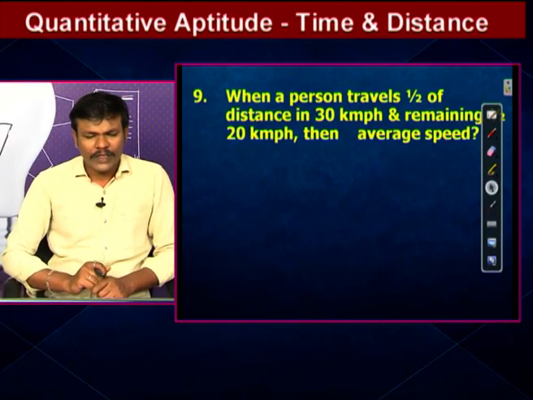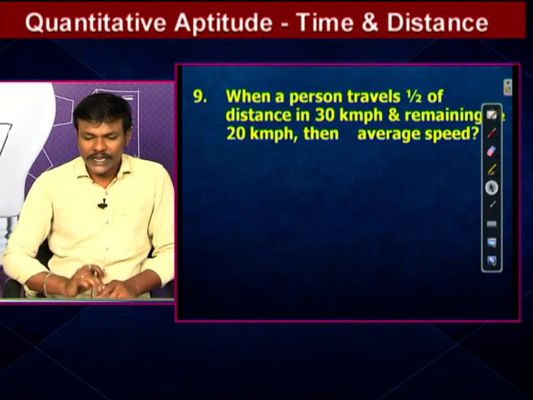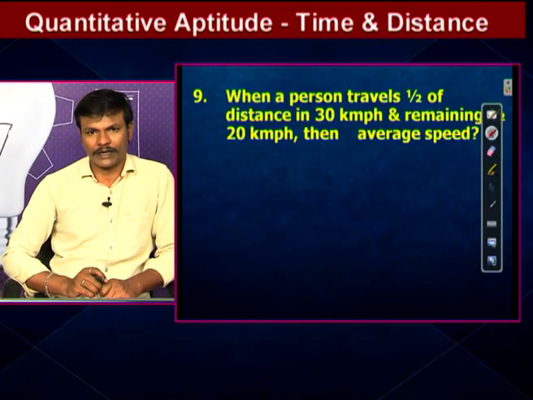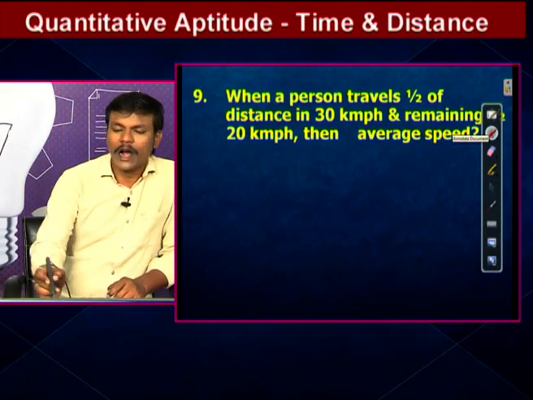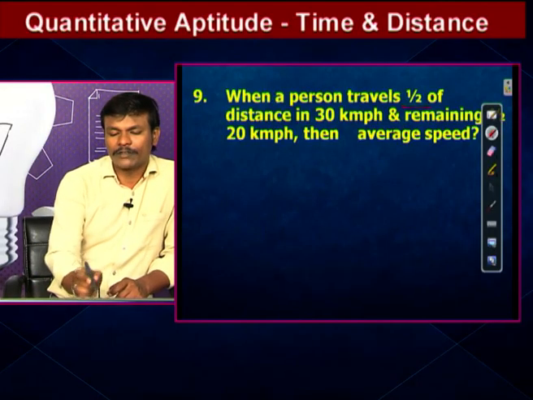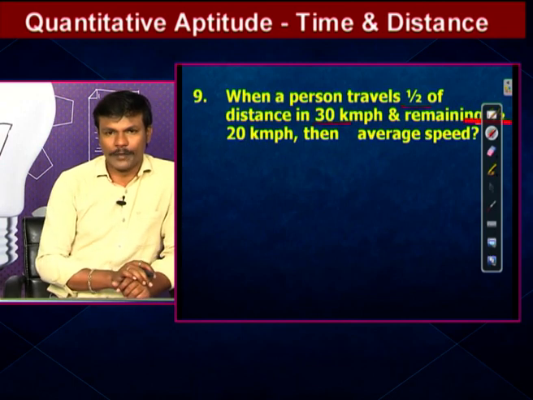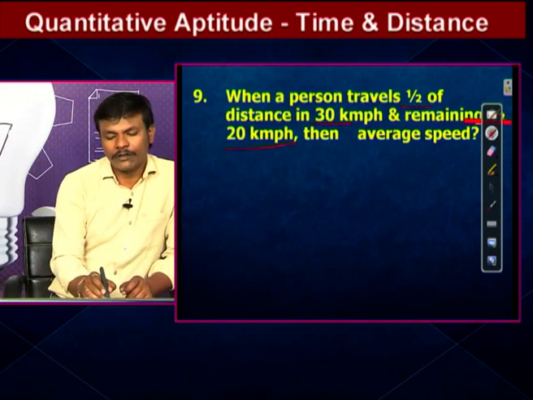Next question: a person travels half of the distance at 30 km per hour and the remaining half at 20 km per hour. This is an average speed question. How many speeds do we have? Two speeds.